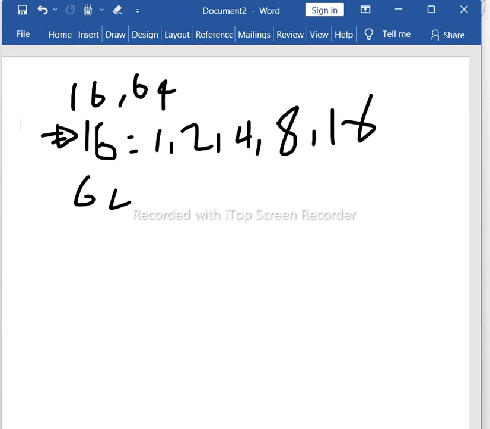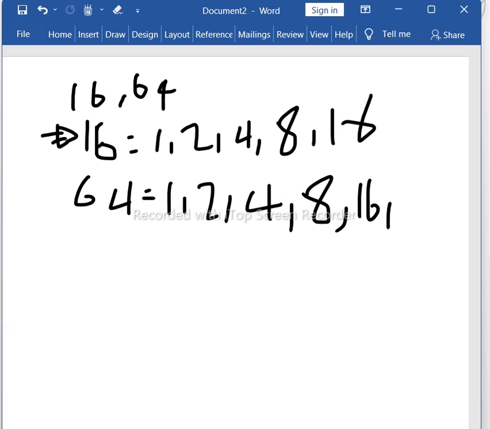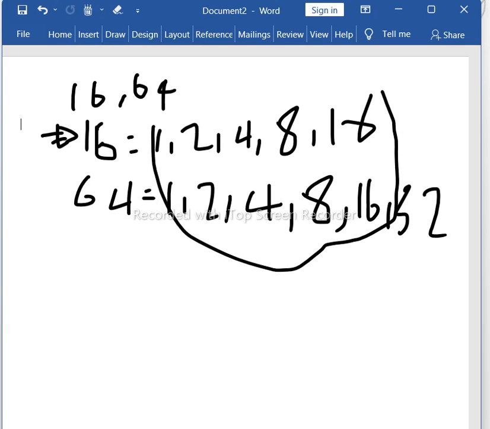For 64 we can find 1, 2, 4, 8, 16, 32. The common factors for both are the common ones, and 32 is not a factor of 16.